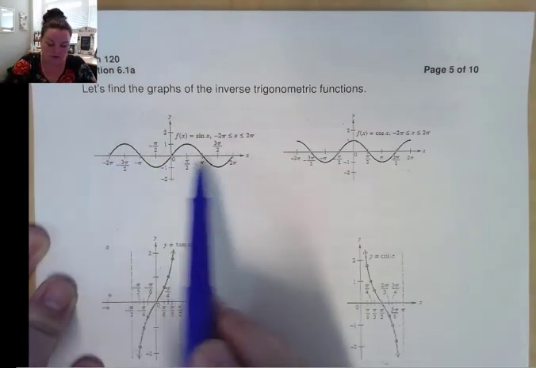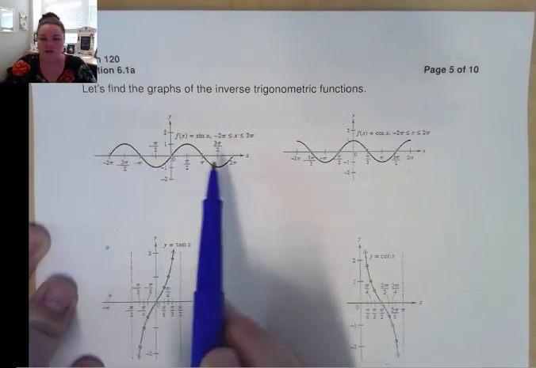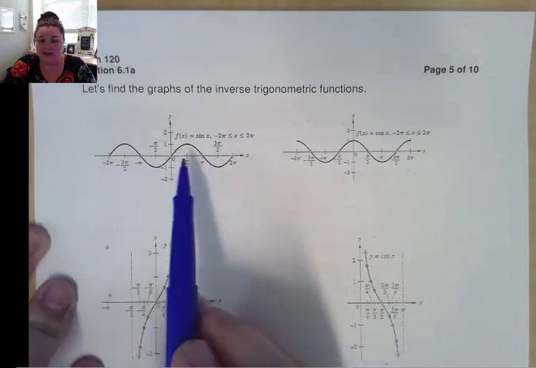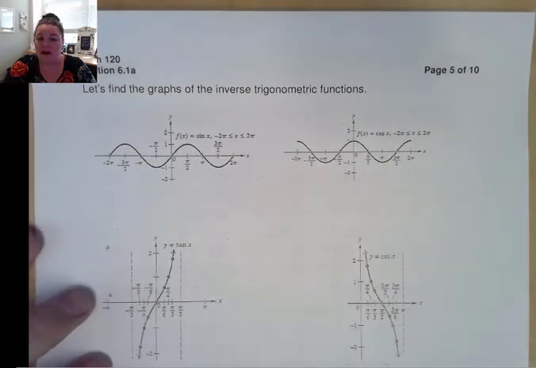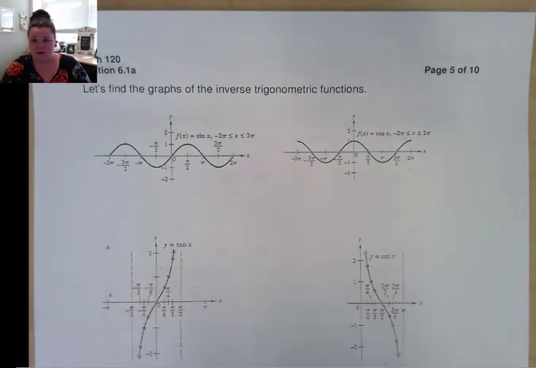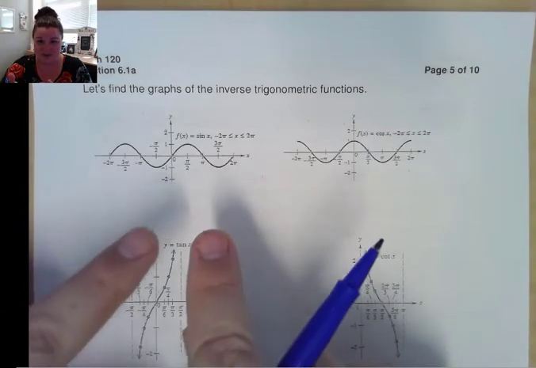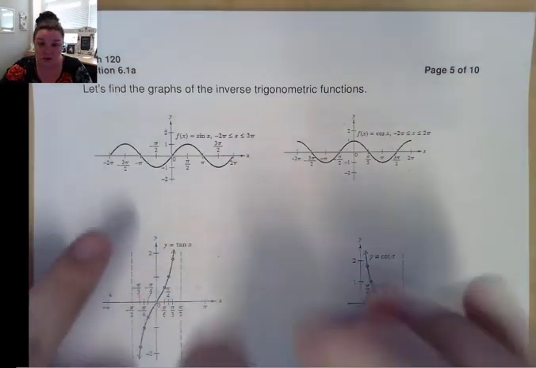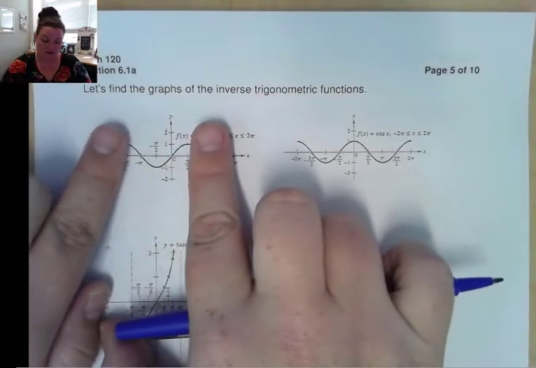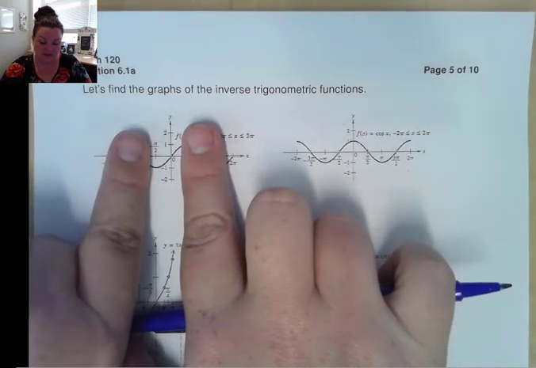If I were to draw a line and check this with the horizontal line test, it's actually going to fail, right? Because I have repeating y values, and I don't want repeating y values because that creates an uninvertible function. So I'm going to restrict my domain, meaning the piece of this function that I choose.